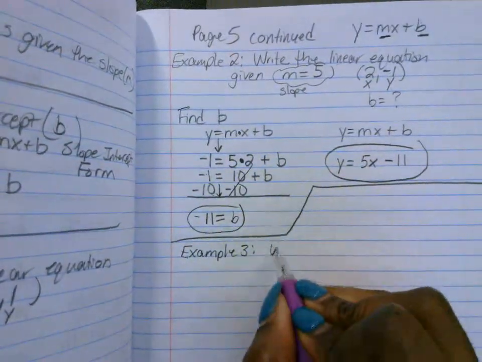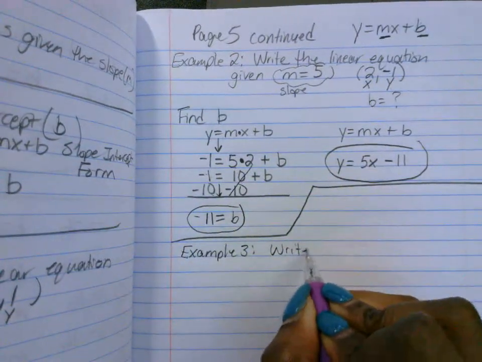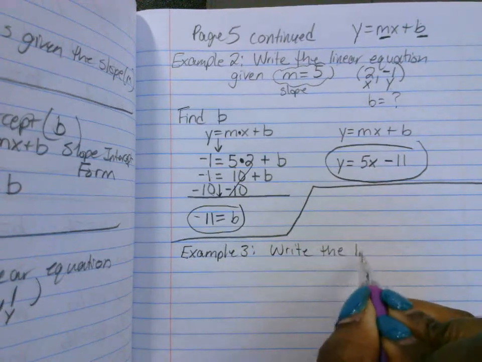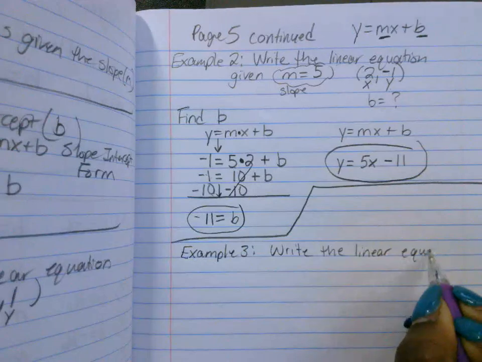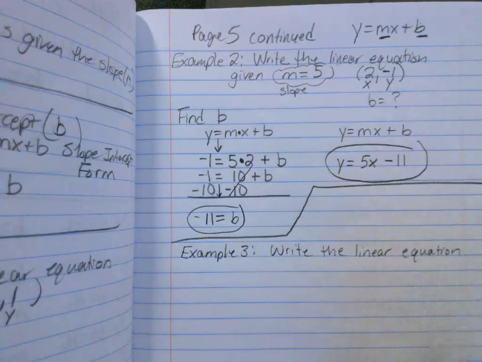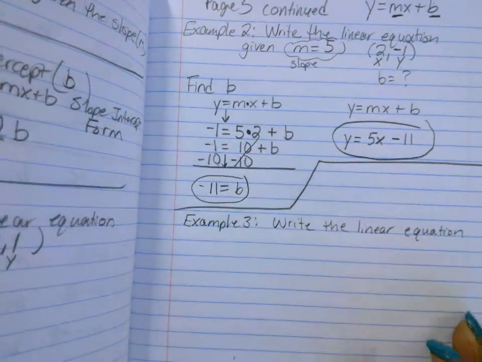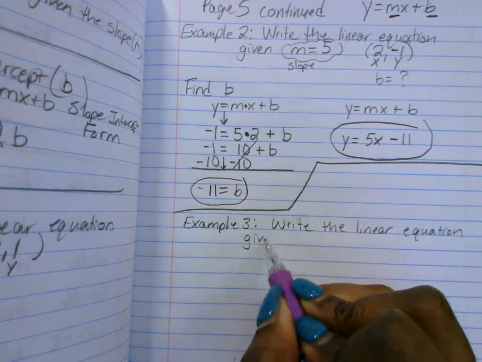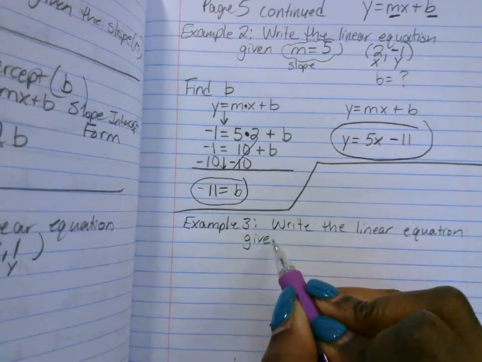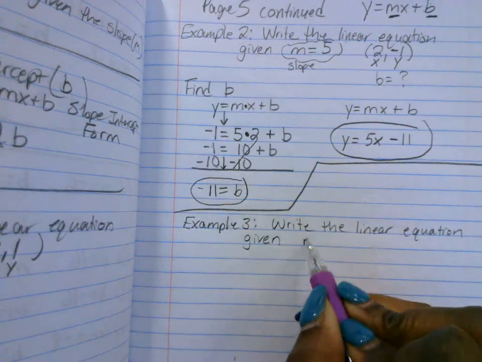We're going to write the linear equation. Remember, linear equations are equations that graph straight lines. In this particular example, we're still working on where we're given the slope.